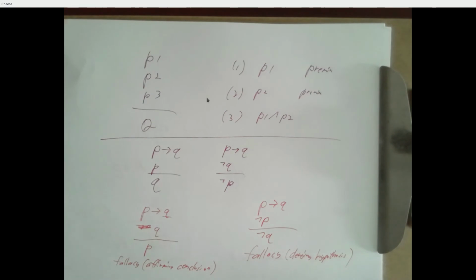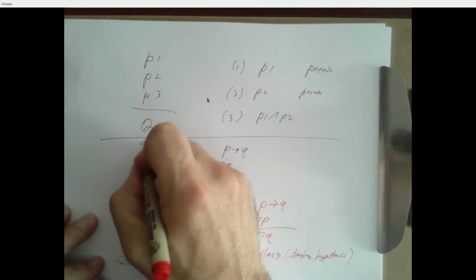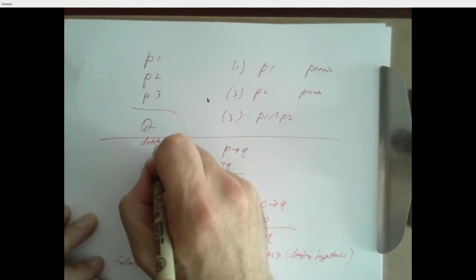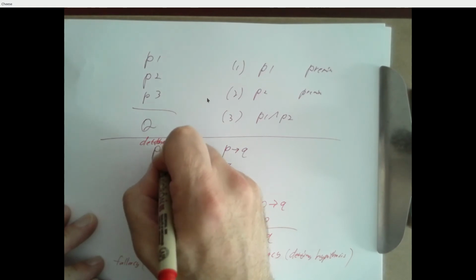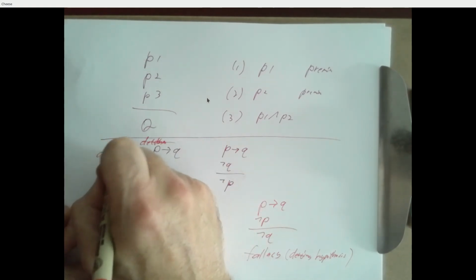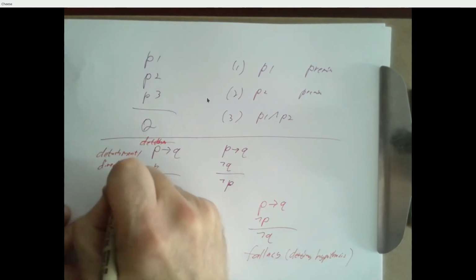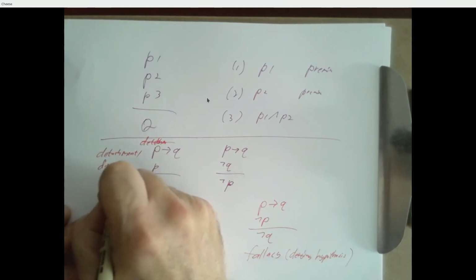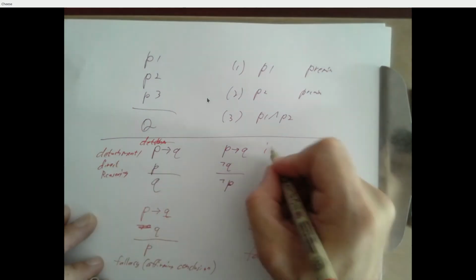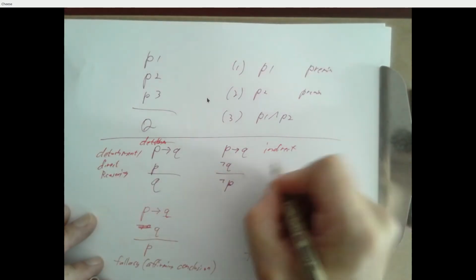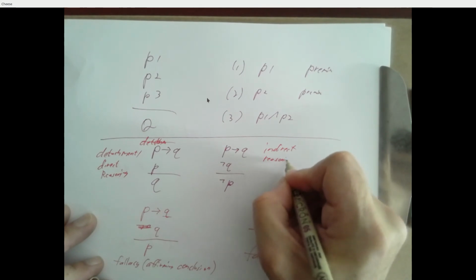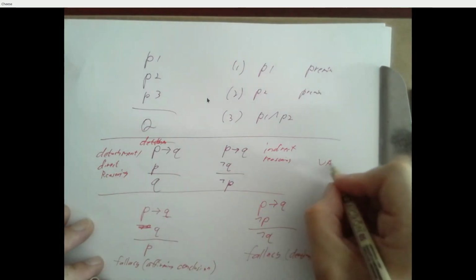So make sure you know these, right? This is detachment, or direct reasoning. And this is indirect reasoning. So these are valid.